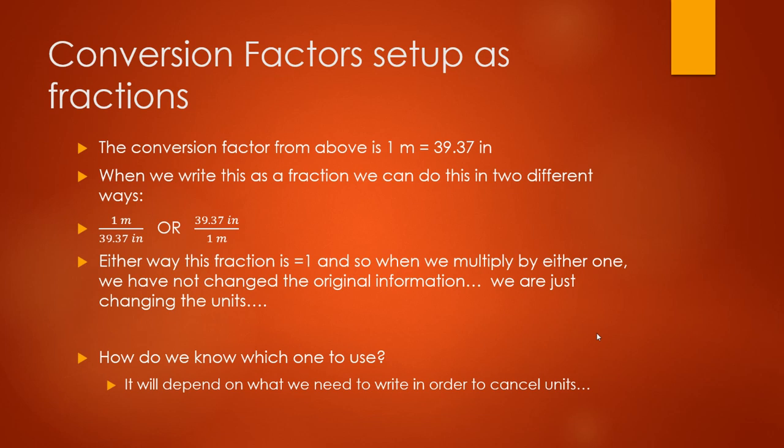We have not changed the original information. We're just trying to change the units. So how do we know which one we want to use? Well, it's going to depend on what we need to write in order to cancel units. Because remember, as we showed in some examples in class, we talked about whether we have stuff on the top or the bottom, and we're going to see that in the steps ahead.